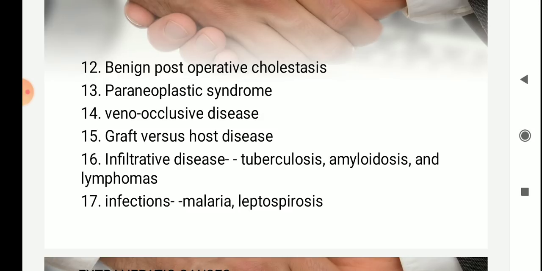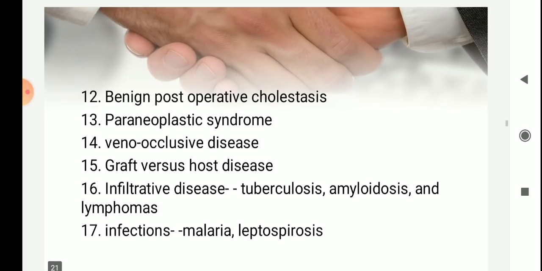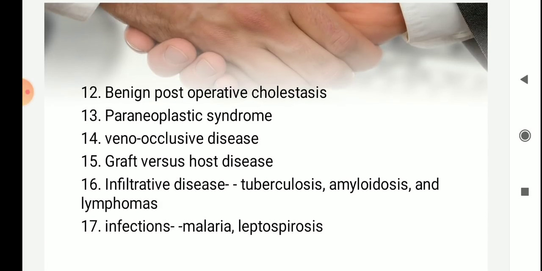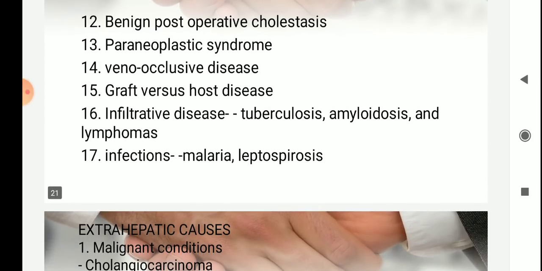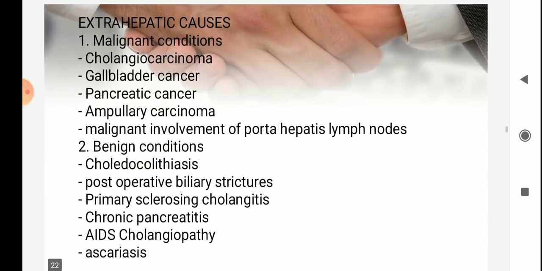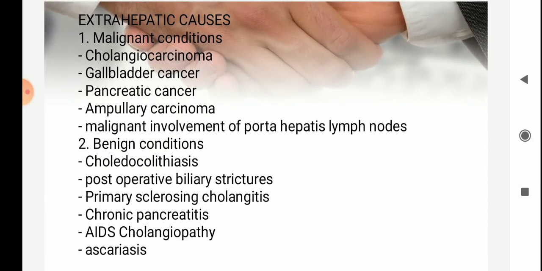Paraneoplastic syndromes, veno-occlusive diseases, graft versus host disease, infiltrative diseases. Examples: tuberculosis, amyloidosis, and even the lymphomas. And see there, again infections, commonly malarial or leptospirosis. Then coming to extrahepatic causes, that could be malignant conditions.